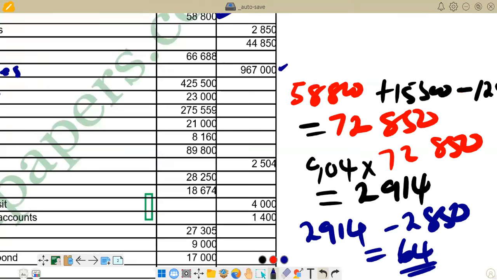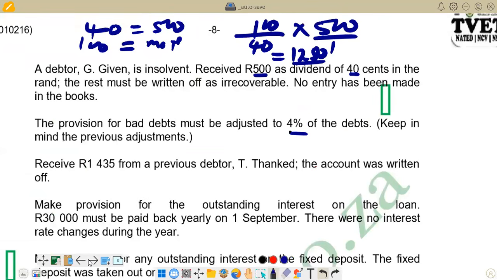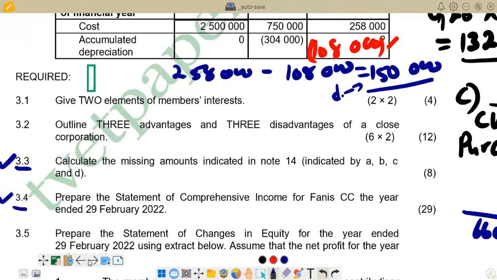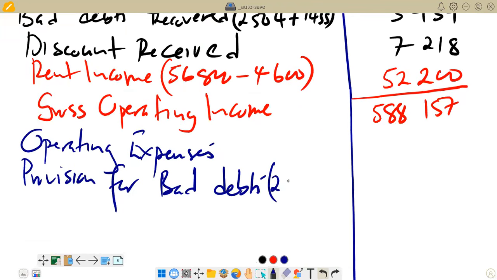It's 2,914. Then we subtracted 2,850. Then we got 64 as our provision for bad debts as an increase. So it becomes an expense.